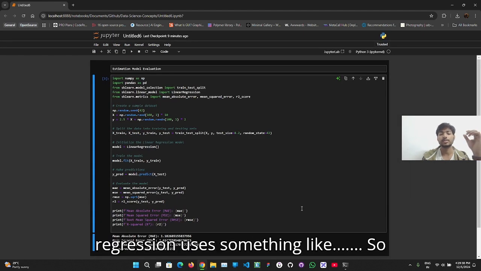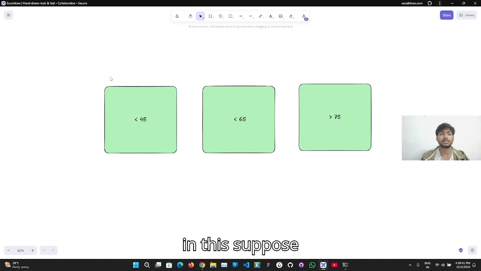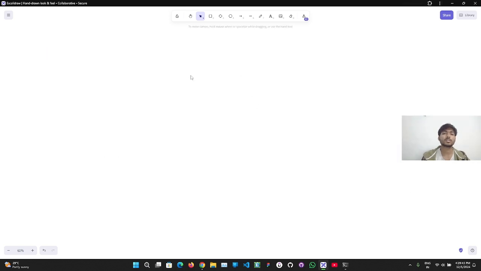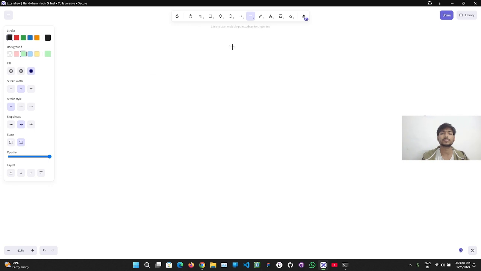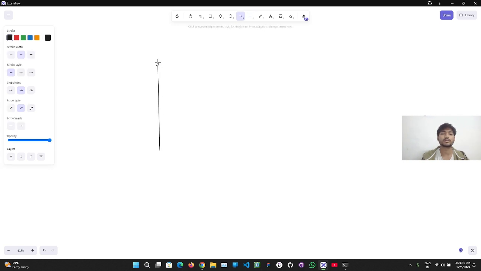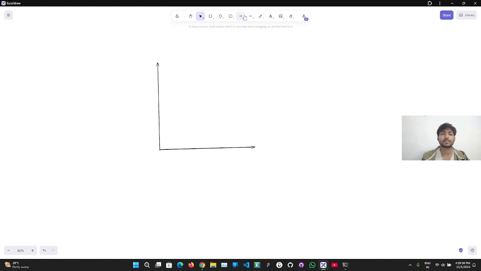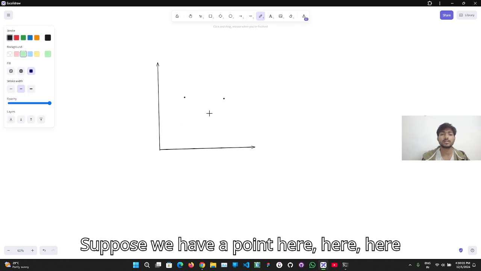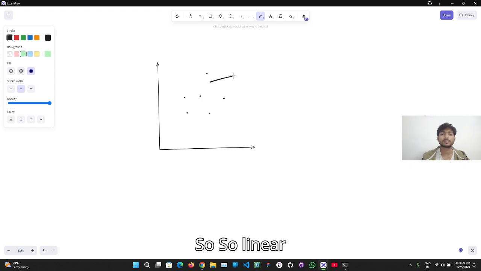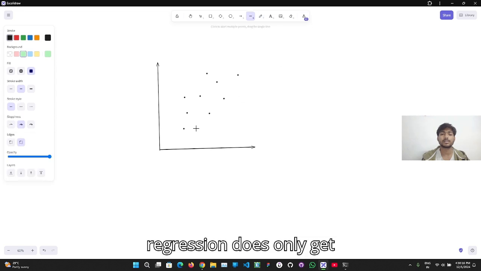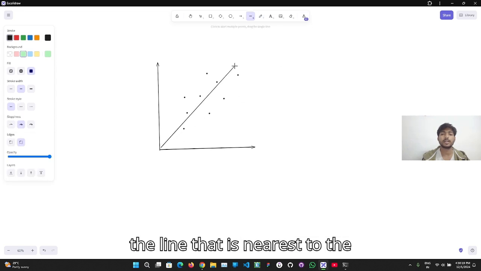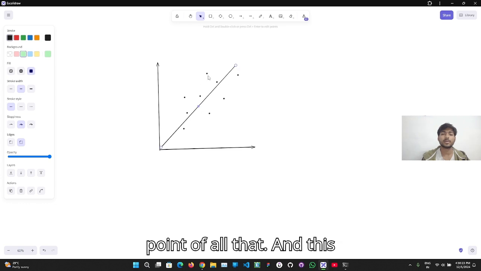Basically, linear regression draws a line, like in Excel. Suppose we have points here and here. Linear regression finds the line that is nearest to all of the points, and this is the distance between them.